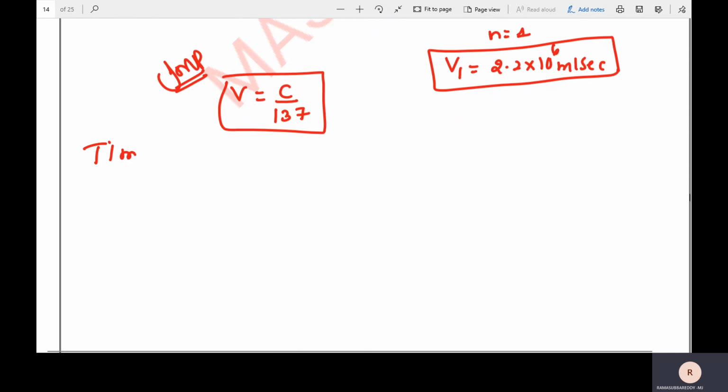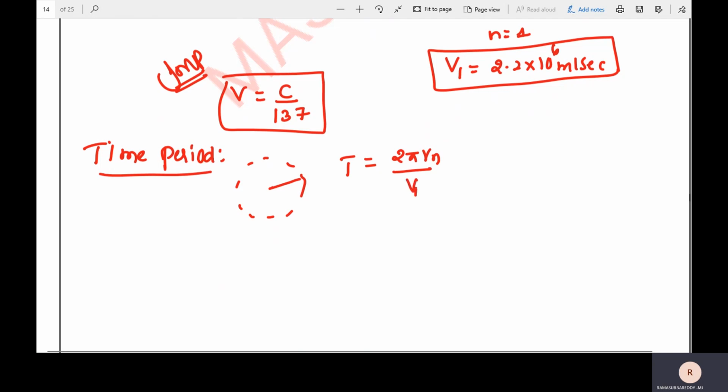Next one, time period. What is the time period? We know when an electron is revolving in a circular path, time period T is equal to distance by velocity, that is circumference, 2 pi rn, by velocity, that is vn.